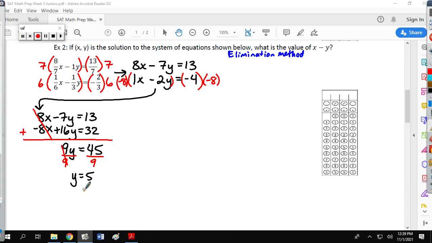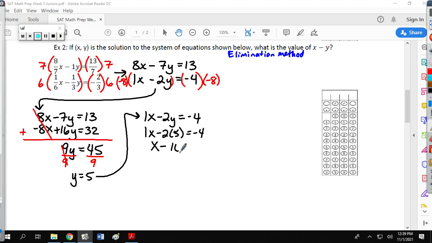Then we need to turn around and solve for x. I'm going to plug that back into 1x minus 2y equals negative 4, which is my second equation from after I eliminated the fractions. You could technically plug it into any of these four, and it should give you the same answer. So 1x minus 2 times 5 equals negative 4, or x minus 10 equals negative 4.